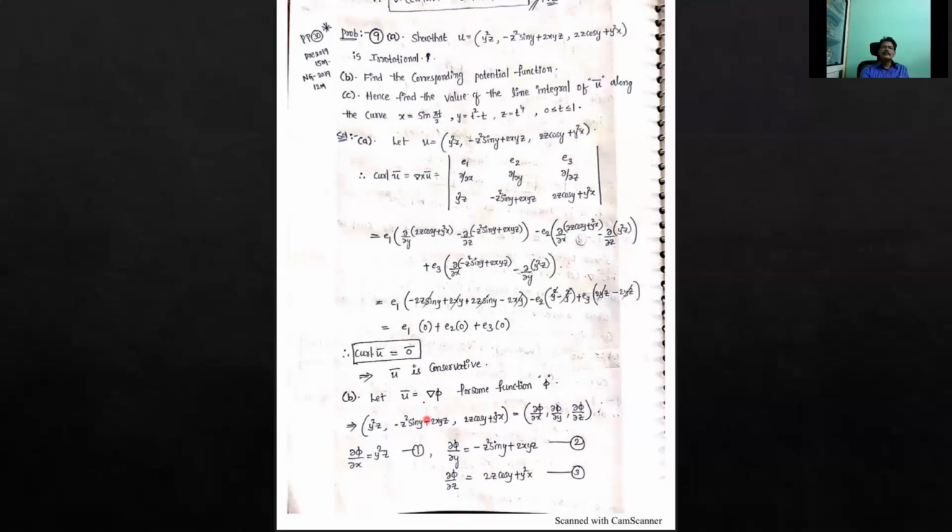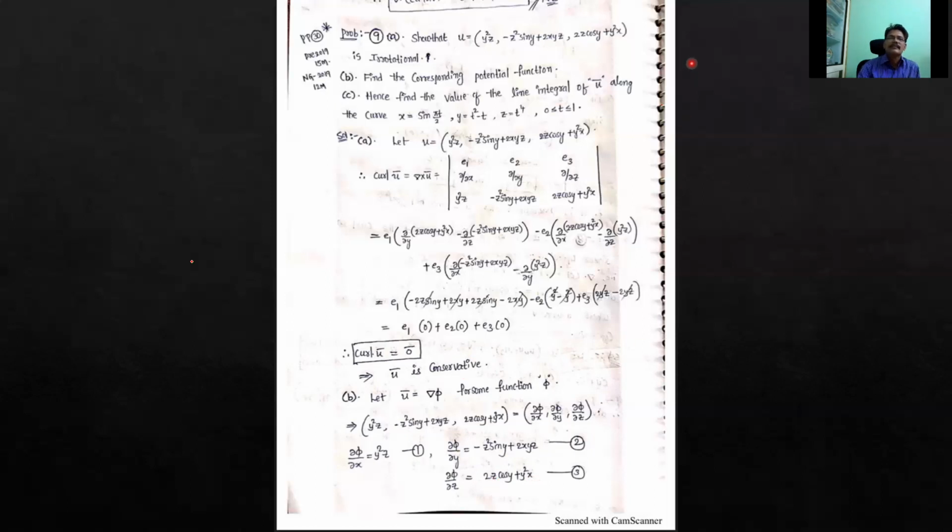So whenever curl u bar is 0, the vector u bar is conservative. Therefore u bar equals del phi for some function phi.